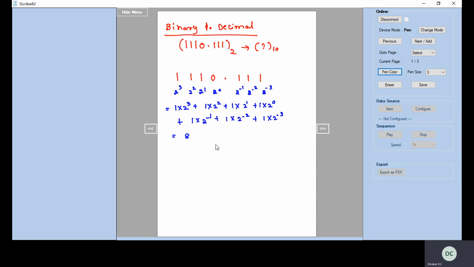That is 8 plus 4 plus 2 plus anything to the power of 0 is 1, plus 1 into 2 to the power of minus 1 is 1 by 2, plus 1 by 4 plus 1 by 8. That is, you get 14.875.